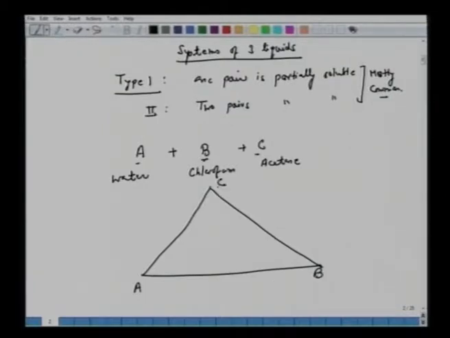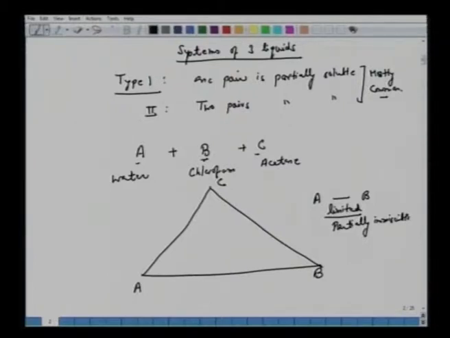So let's assume that A and B, water and chloroform, have limited solubility, or they are partially immiscible.